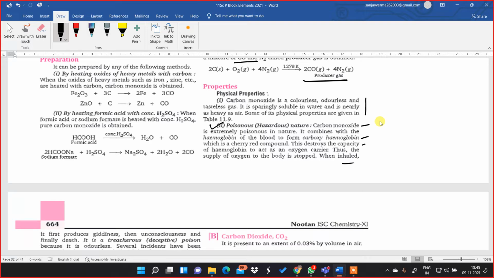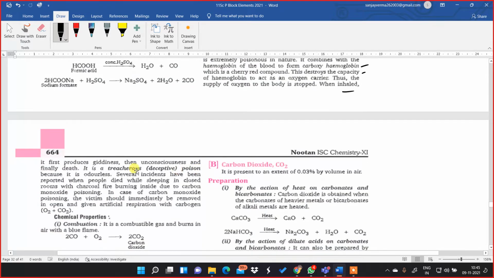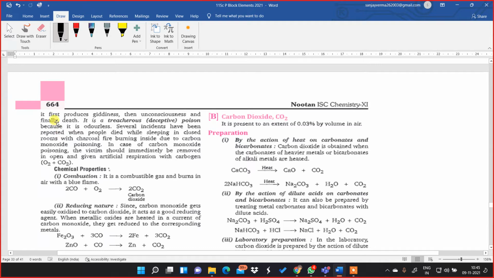When inhaled, it first produces giddiness. You start feeling giddy, then unconsciousness, and finally we die because the supply of oxygen is cut off to the brain and different parts of the body. That's why it is a deceptive poison, because it is odorless, it has no smell. Several incidents have been reported when people died while sleeping in closed rooms with a charcoal fire burning inside, due to carbon monoxide poisoning.